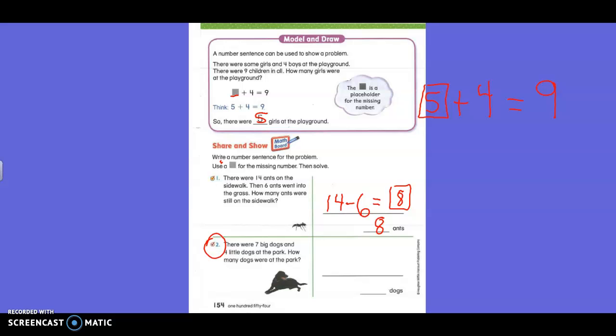Chase? 4. I would probably put 7 first just because it was the first number in the problem. But you can do 4, okay? That's not wrong. It really doesn't matter. I just probably would have done 7 since it was the first thing that they said, but that's fine. 4 plus what?